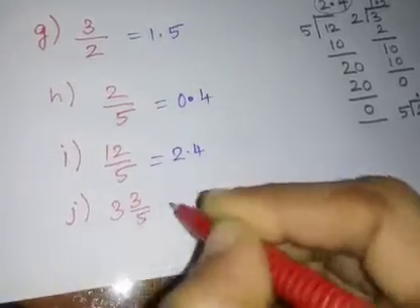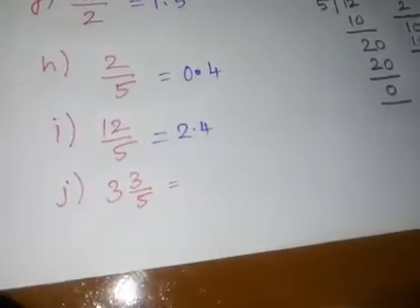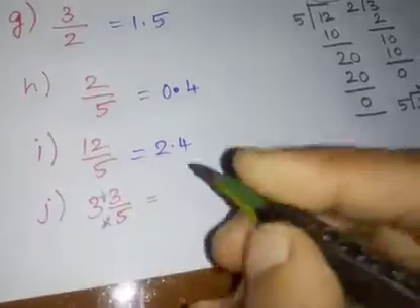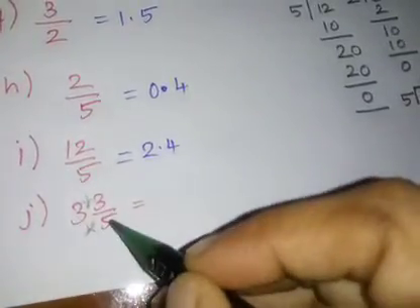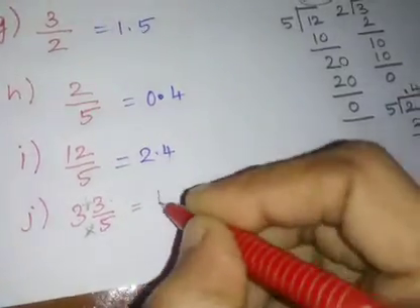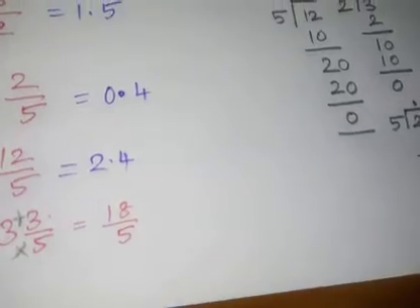Next, what is the J question? 3 3 by 5. First, what should you do? You should convert it into an improper fraction. Multiplication, addition: 5 threes are 15, 15 plus 3, 18 by 5. Now can we divide this 18 by 5? No. As usual, like the last problem.